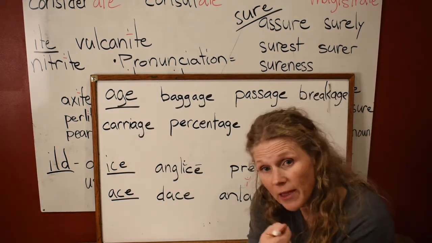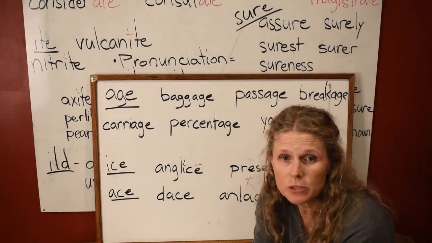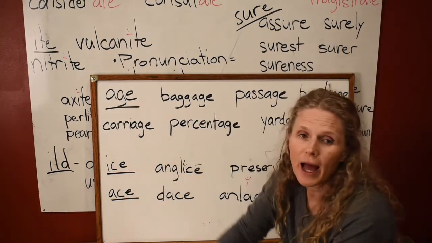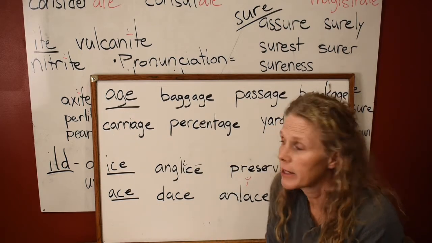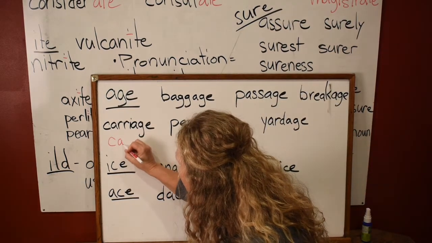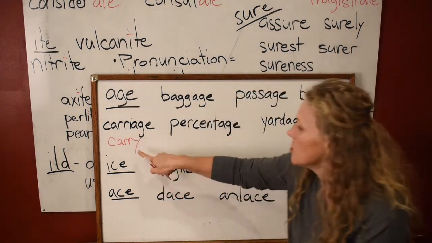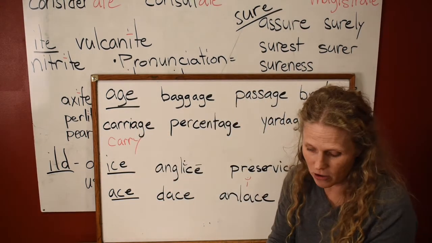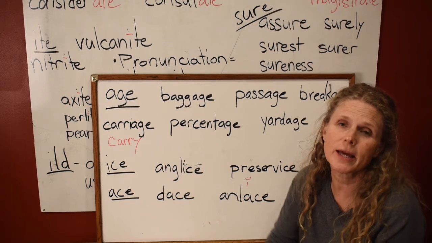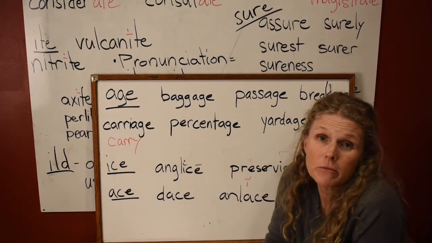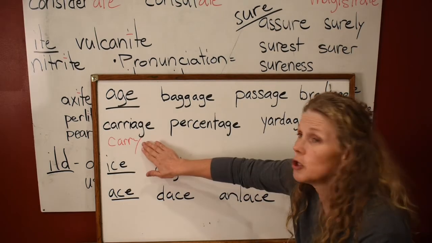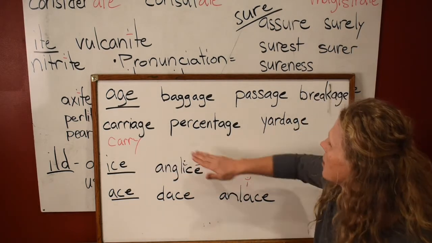Memorization. Okay, that's a great one, memorization. But we also know because we have a base word. What would be our base word here? Carry. So C-A-R-R-Y. Change the Y to I and add on your vowel suffix so you know it's there because you have a base word. And so it just helps you with your spelling to know your base words, okay?